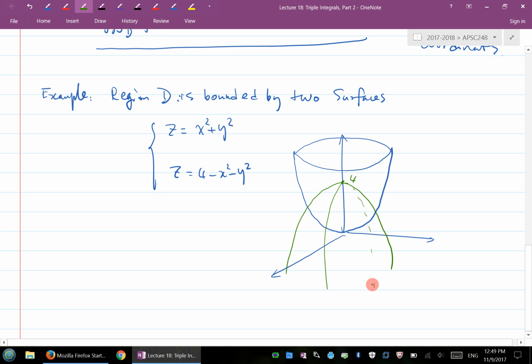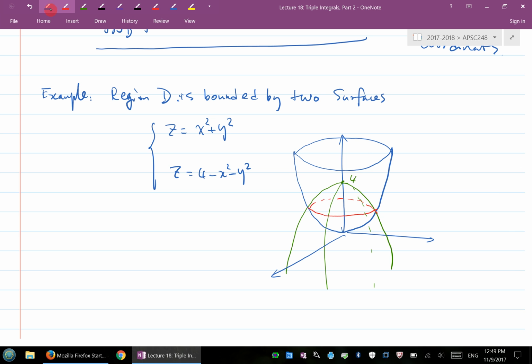Is that good? And then it's actually useful for us to find the limits, so you can also try to draw the intersection between the two surfaces. I will show you how to get the intersection, but bottom line, the intersection of the two surfaces is actually a circle.